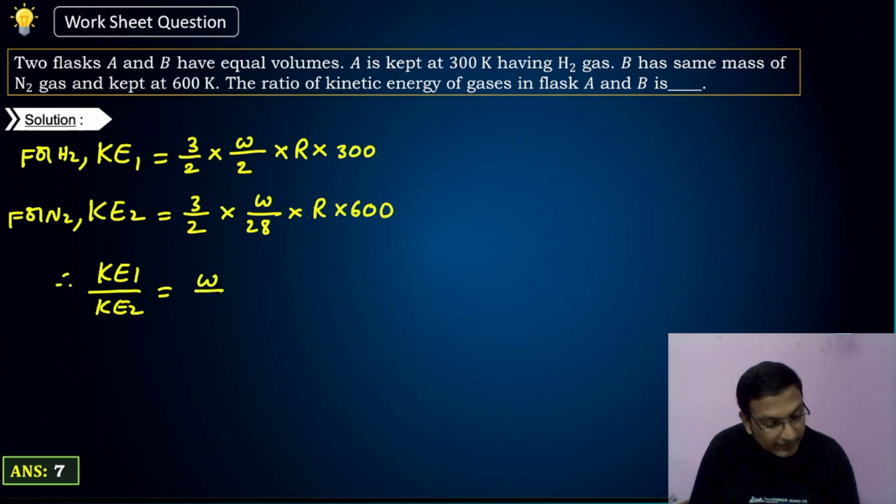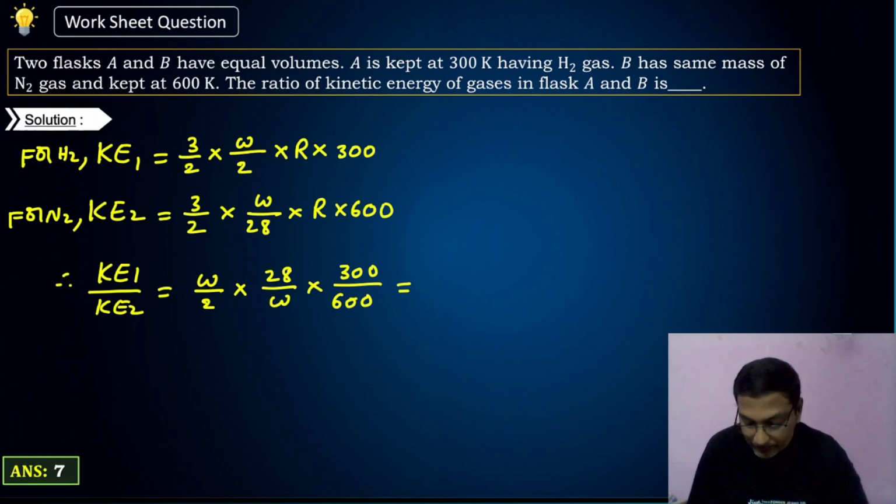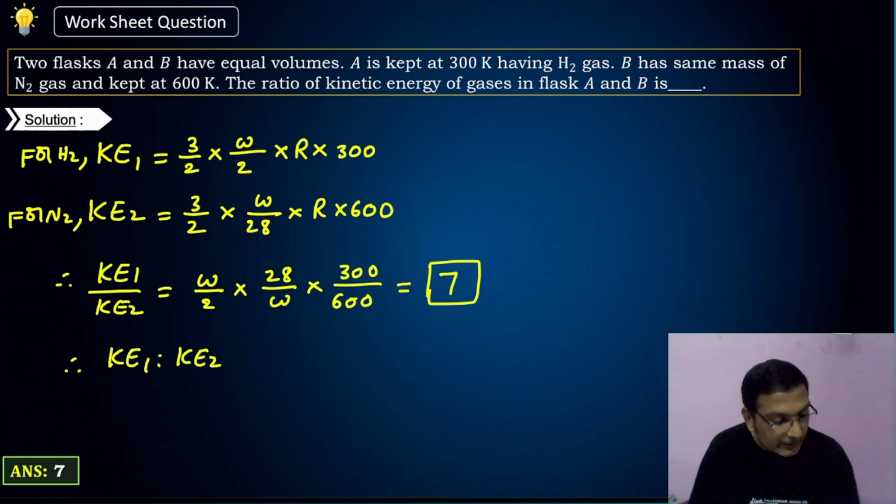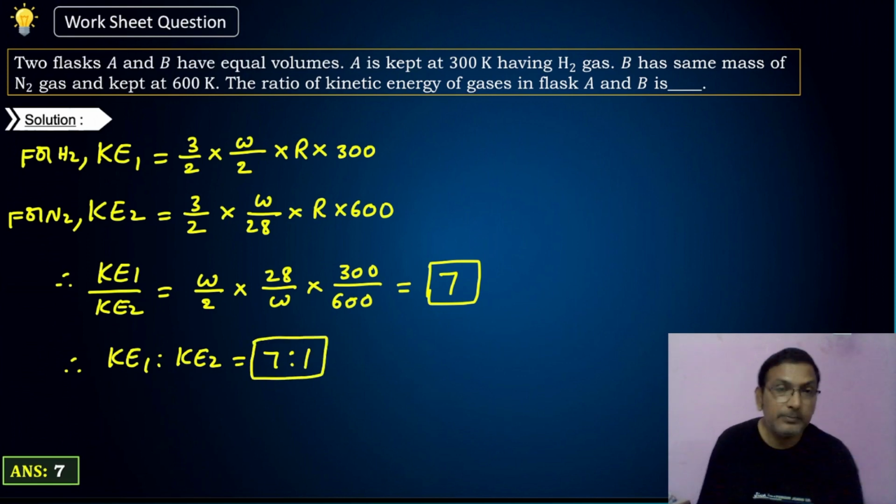So W by 2 into 28 by W into 300 by 600. So 7 is to 1. Therefore, Ke1 is to Ke2 equal to 7 is to 1. This is the ratio. Or answer 7. Next.